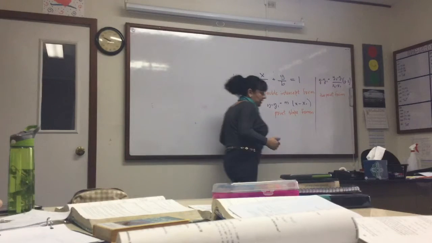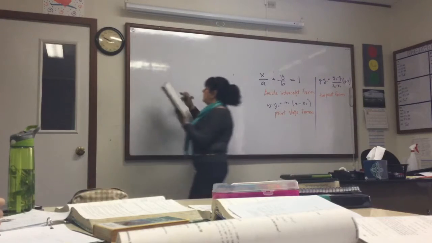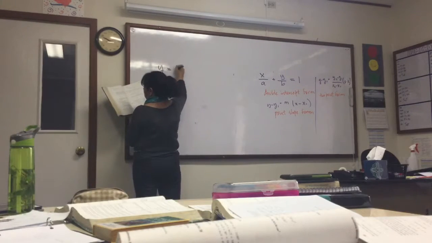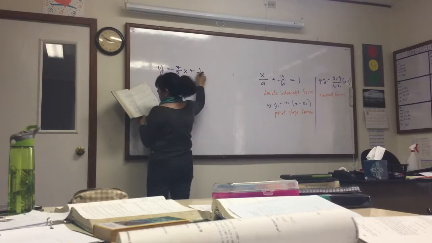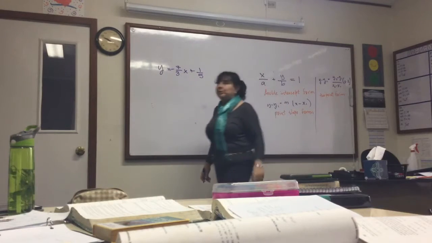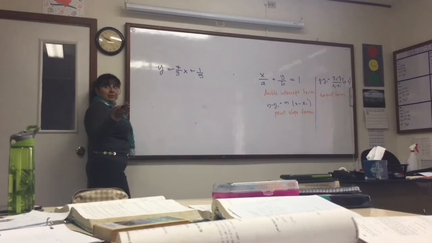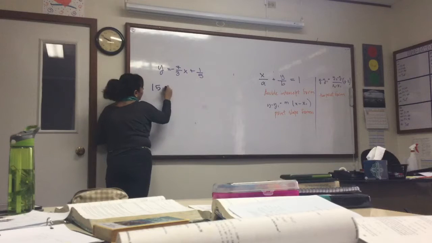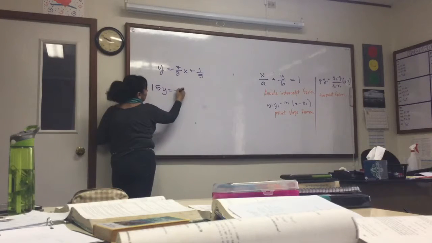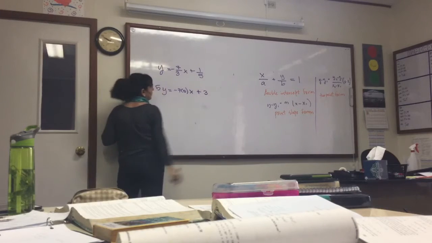Again, if you didn't catch that, you have it in your book. And they tell you to write it in general form. What do you do? First things first, multiply times 15 because it would be your common denominator, so you've got 15y equals minus 7 times 5x plus 3, right?